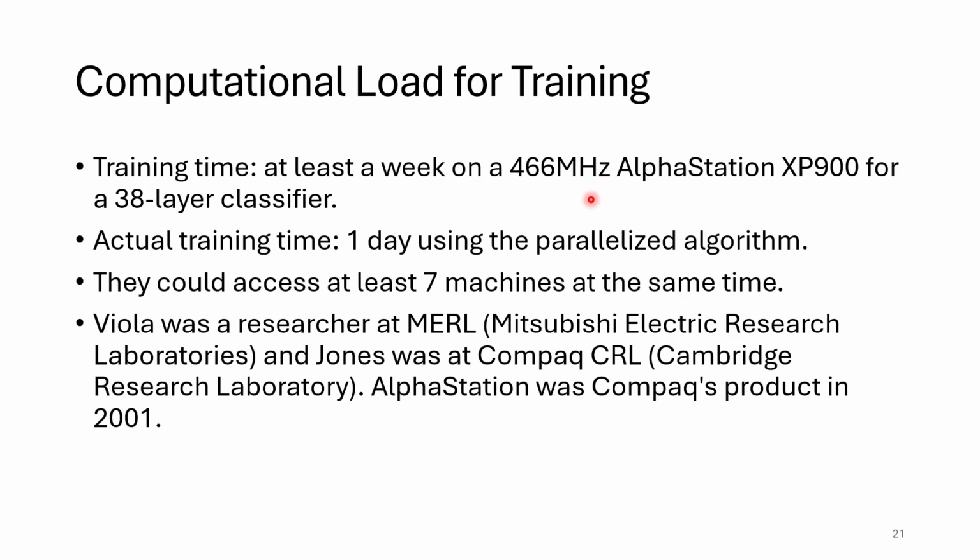However, because one of the authors, Viola, was a researcher at Merck, he could borrow or use many machines, and they trained their cascade of classifiers periodically. So they used a single day, say 24 hours, to finish the training.